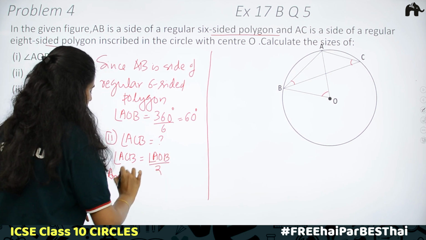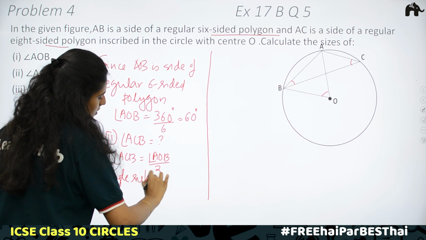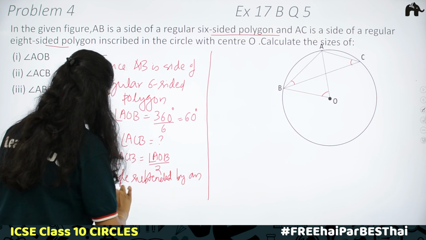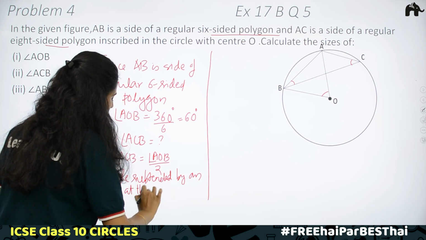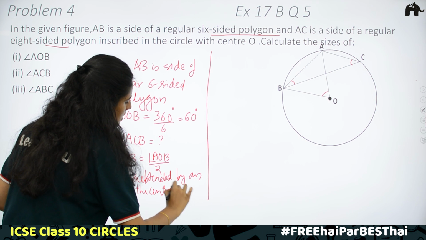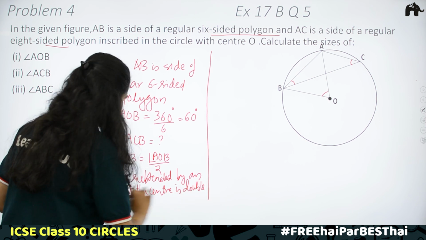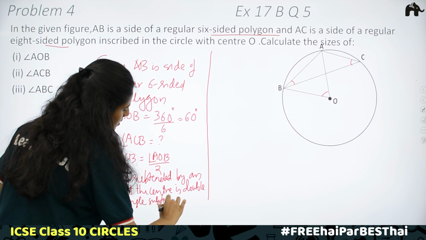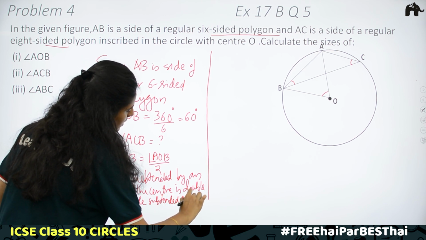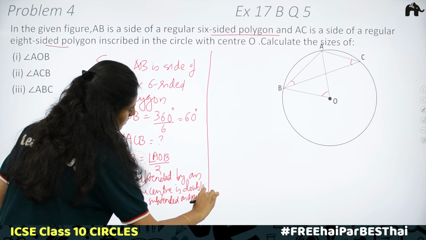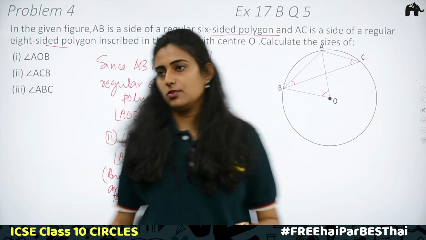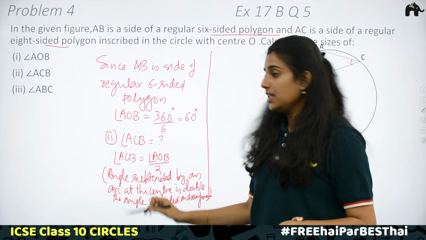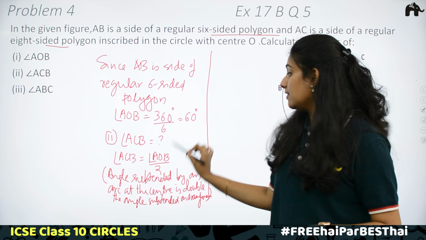Angle subtended by an arc at the center is double the angle subtended on the circumference. So, angle AOB is equal to 2 times angle ACB. Therefore, ACB is AOB divided by 2.